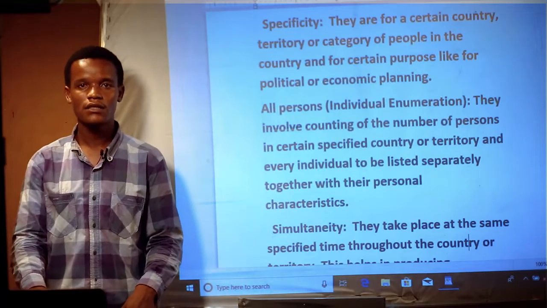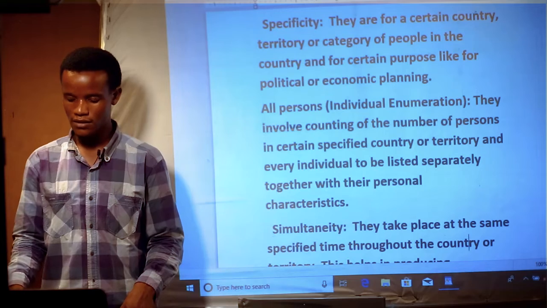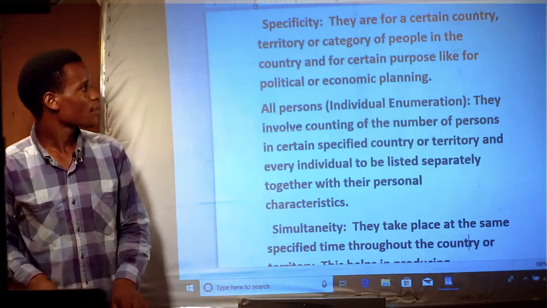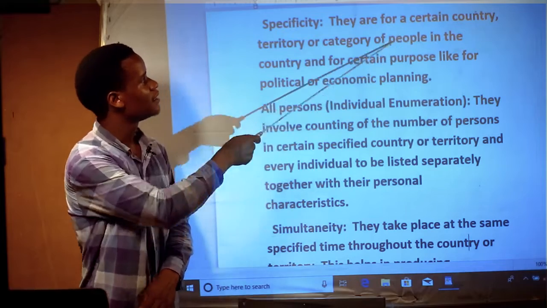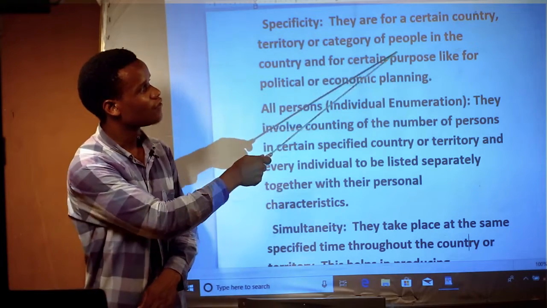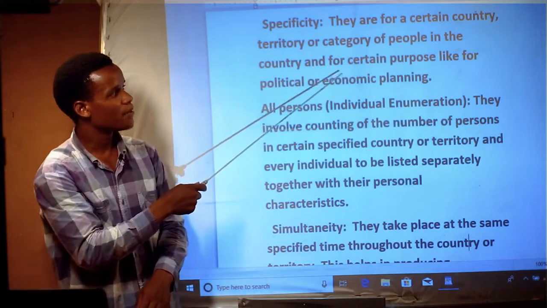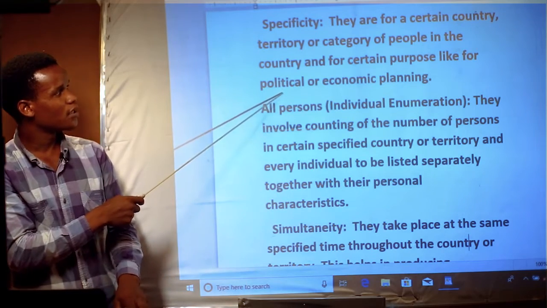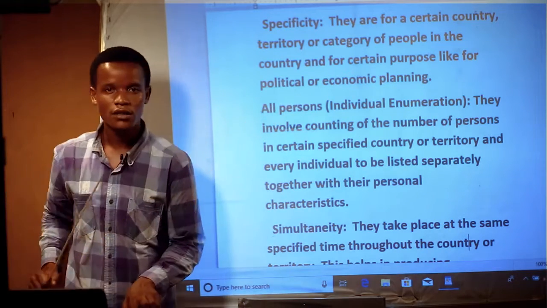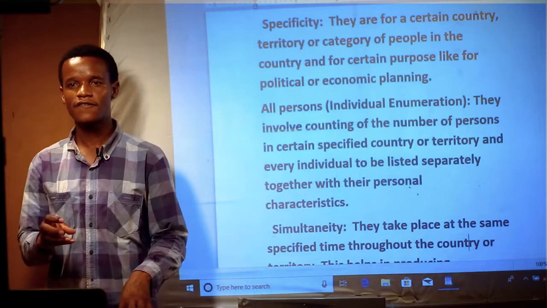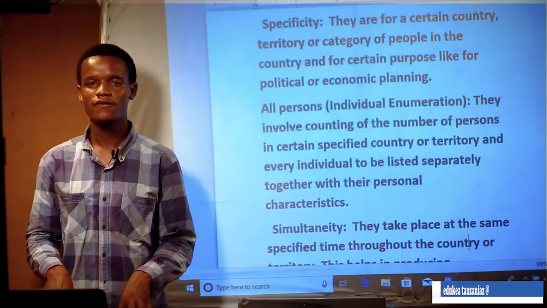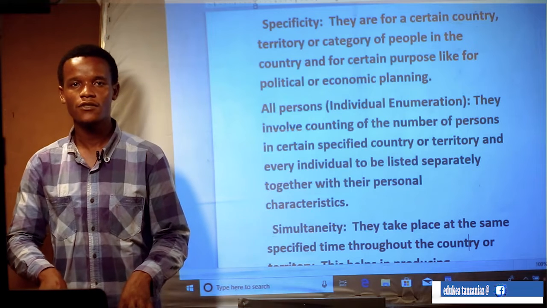Another characteristic of census is specificity. It is for a certain country, territory or category of people in the country and for a certain purpose, like political and economic planning. Census is conducted for a specific purpose that leads the government to conduct it.